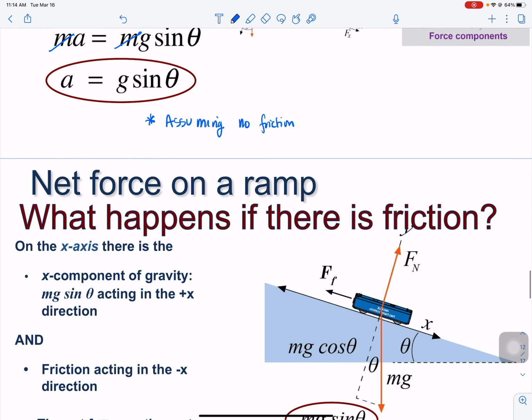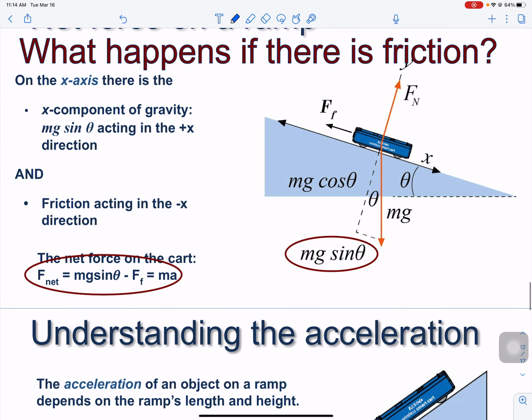So what happens if there is friction? That means I have another force in the x direction going backwards. So F net is going to be mg sine theta. Remember, this is our weight in the x direction going down the ramp, and then the force of friction going up the ramp, and that's going to be max down the ramp.